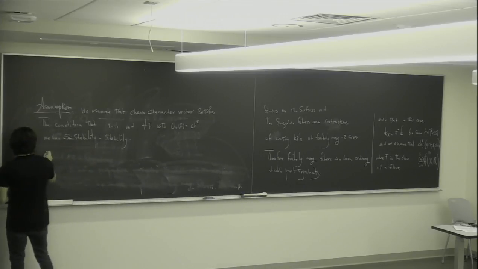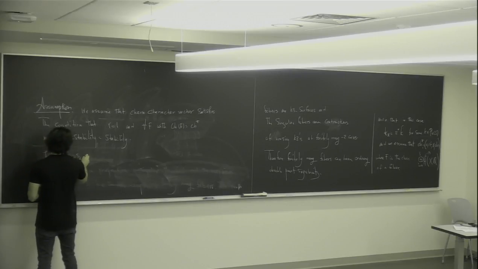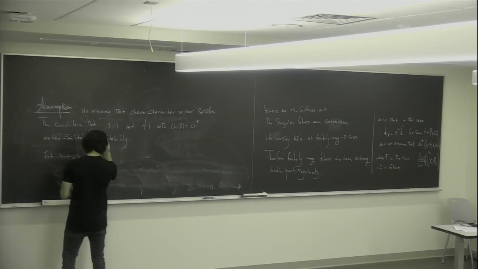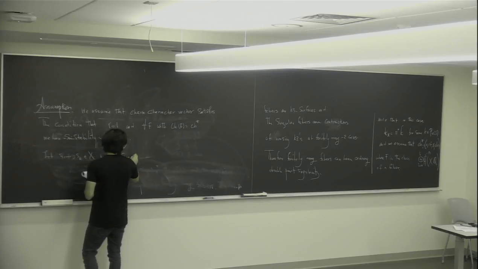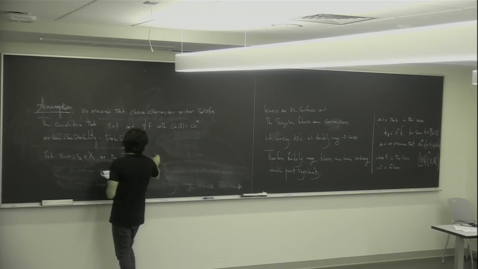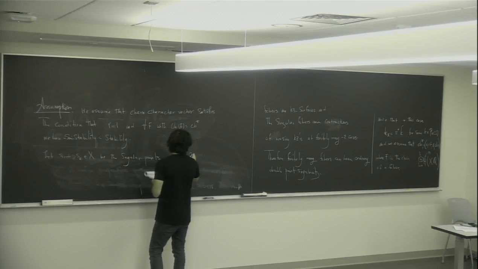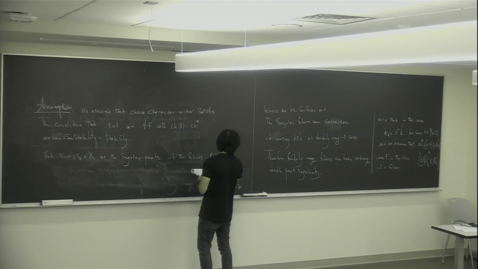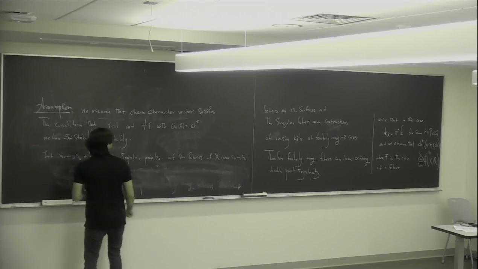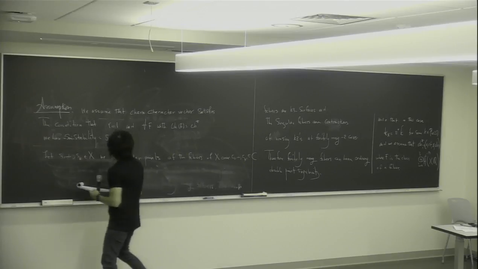So now let S1 to Sk' in X be the singular points of the fibers of X over C1 to Ck' in the base curve C. So what is the situation?